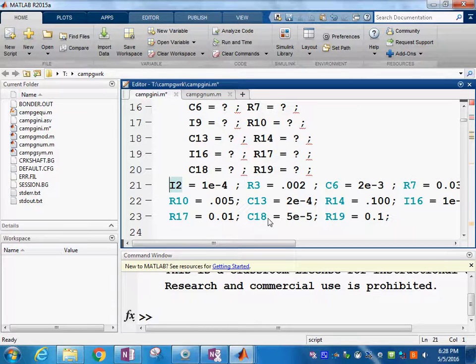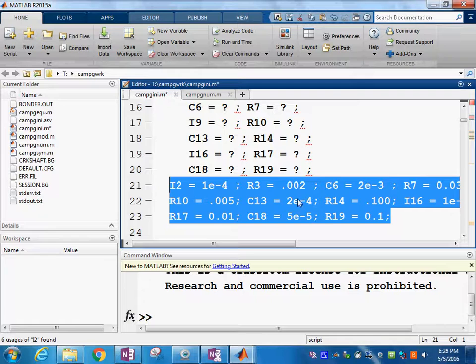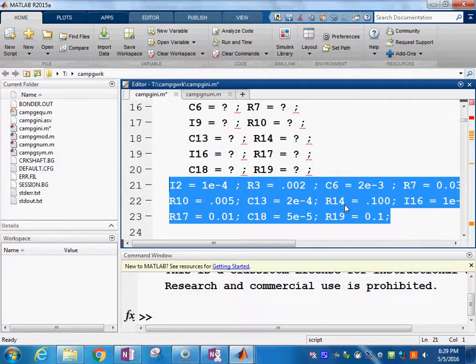So these are all the ones that we have in here. So I'm just going to copy just to have those values on the clipboard, and let's go and run this to obtain the matrices of the system.